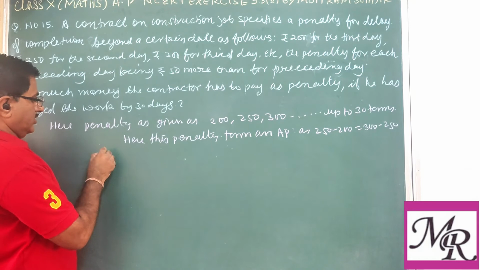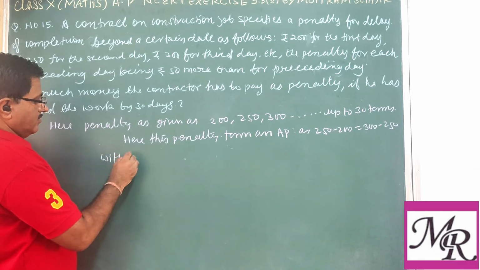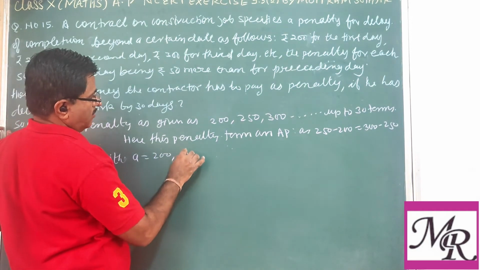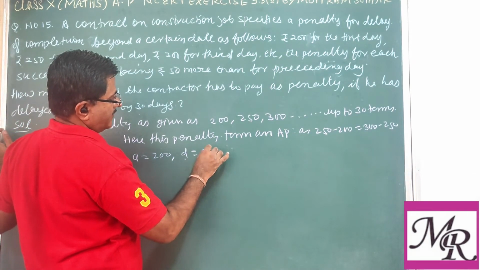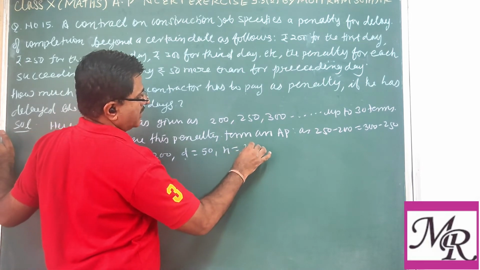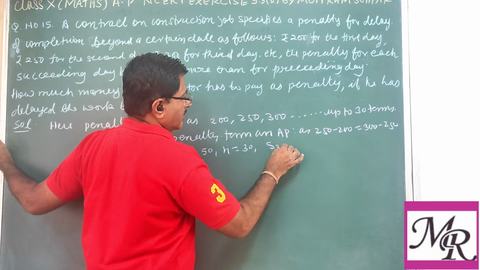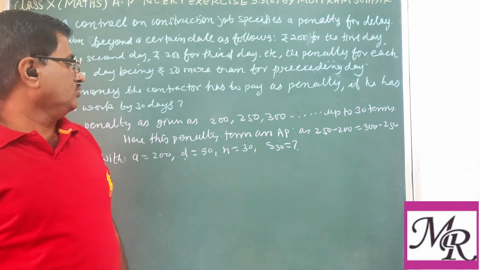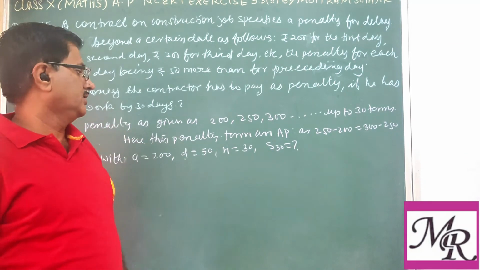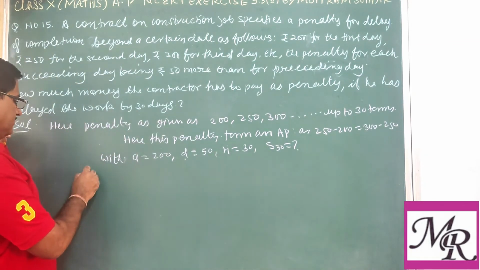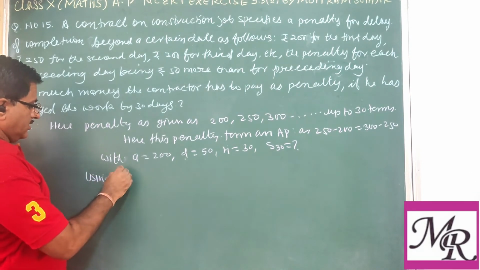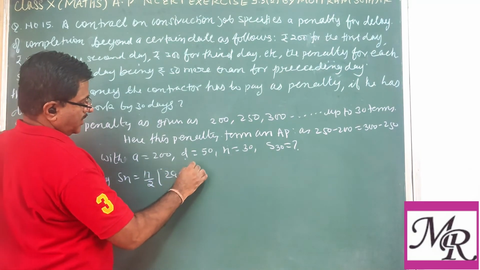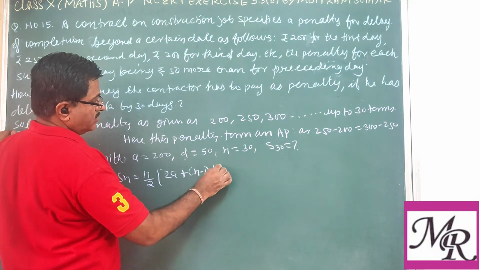So it forms an AP with first term 200, common difference 50, and n equal to 30, and we want to find the total money paid as penalty. So we want to find S30. Using the formula Sn equal to n by 2 into 2a plus n minus 1 into d.